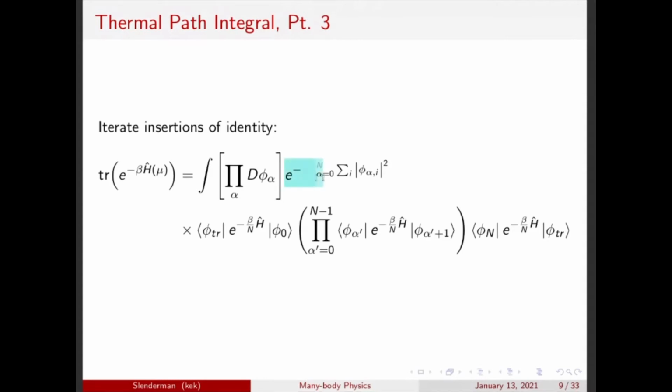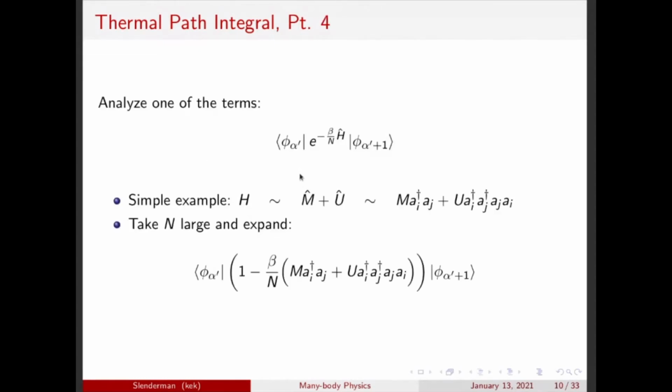Okay. So these overlaps, I am not expanding at all, right? These overlaps here are just here. The Taylor expansion that I'm doing right now is only on this e to the minus beta over n h term.